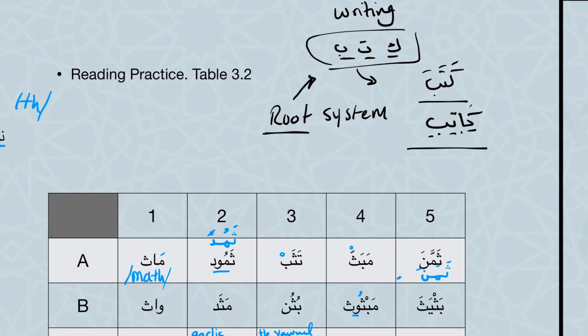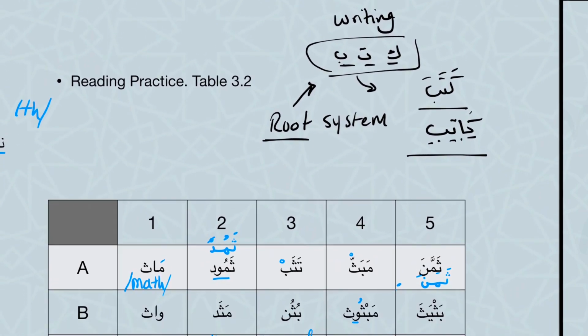Let's take another example. This one is kitaba. Kitaba. This ta marbuta, we'll get to it later, but for the sake of giving more light, this word means writing, as in saying, I like writing, the gerund or the infinitive.